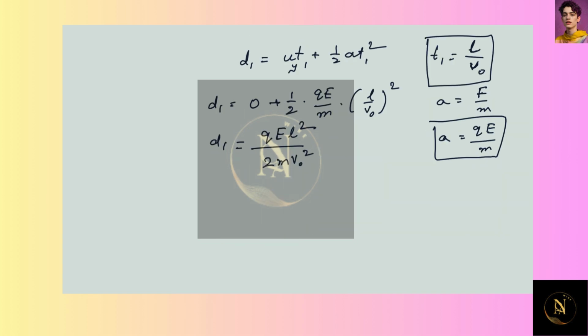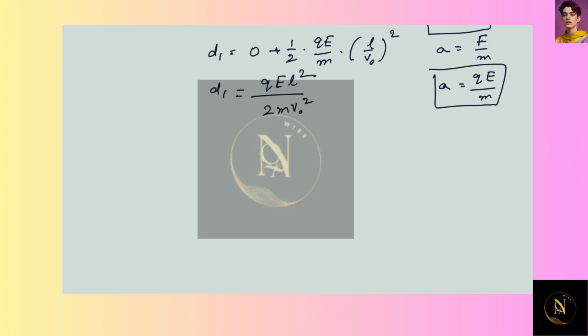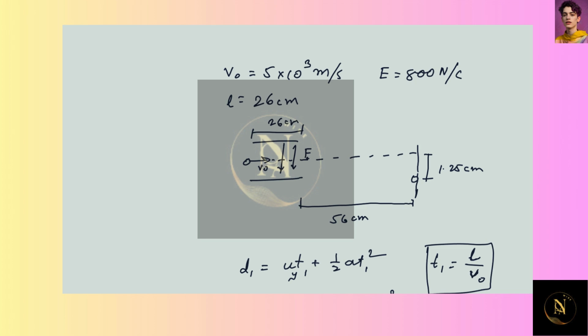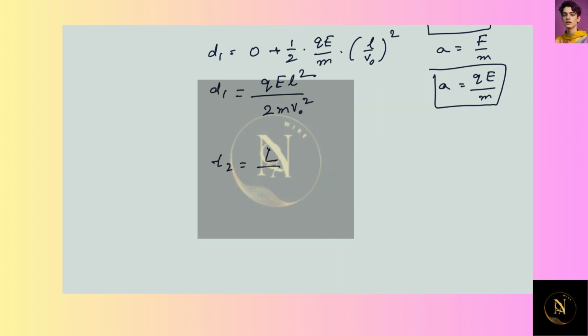Next you have to calculate the time it will take outside the field. So this is t2, which is equal to the outside length, which is 56 centimeters, let's say capital L, divided by the velocity v naught itself, because this is the horizontal velocity with which it will cover the entire distance. And you have to calculate the vertical motion also.